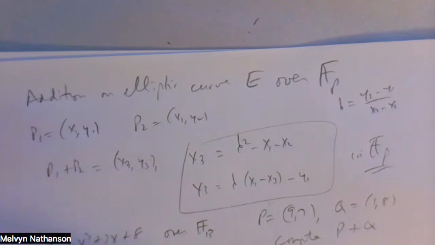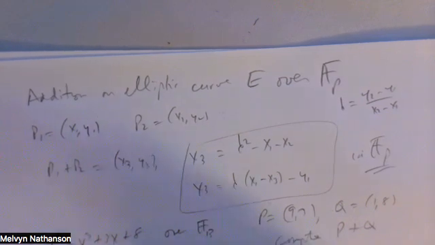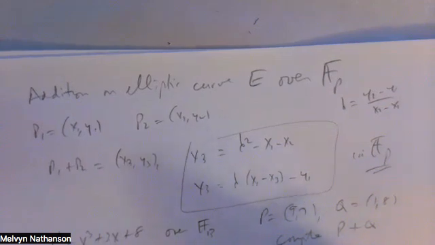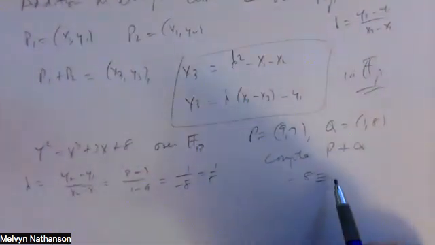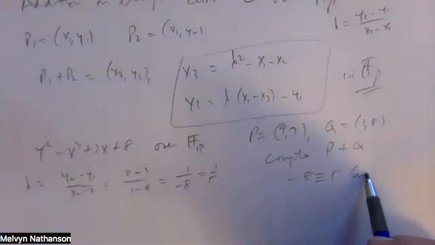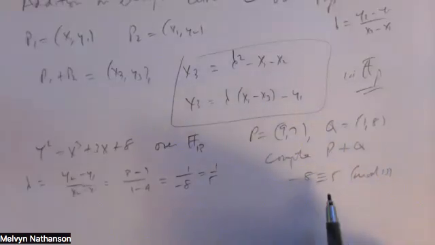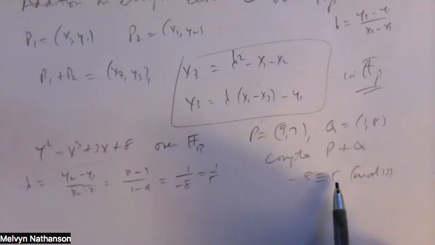Now we're doing arithmetic mod 13. Minus 8 is the same as 5 minus 13. Minus 8 is congruent to 5 mod 13. What is the inverse of 5 mod 13?